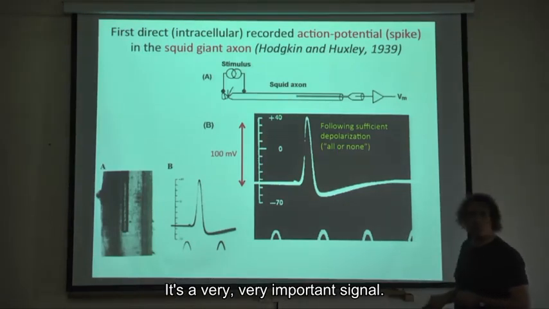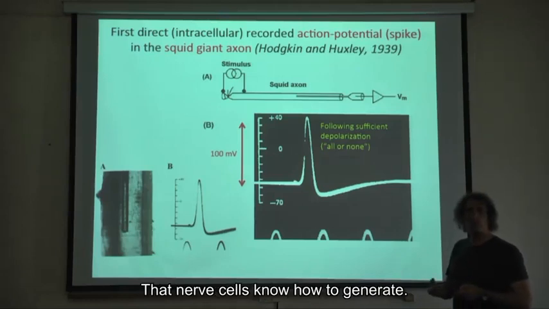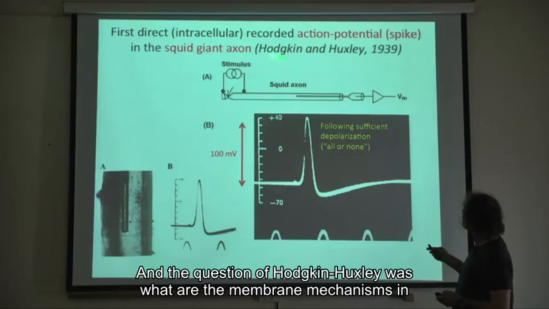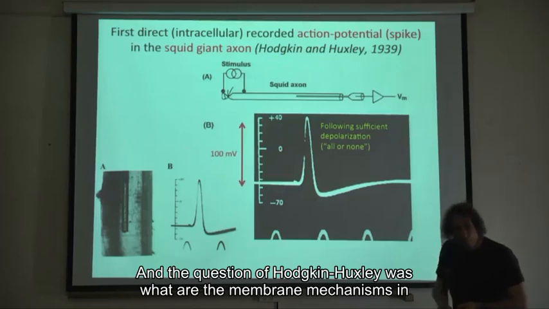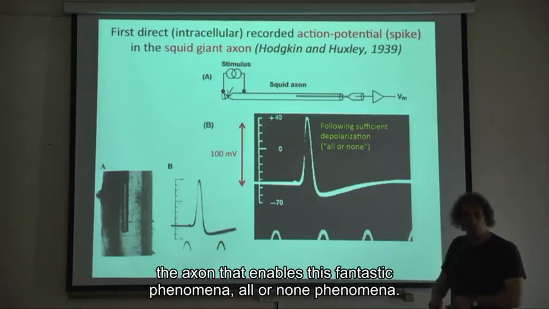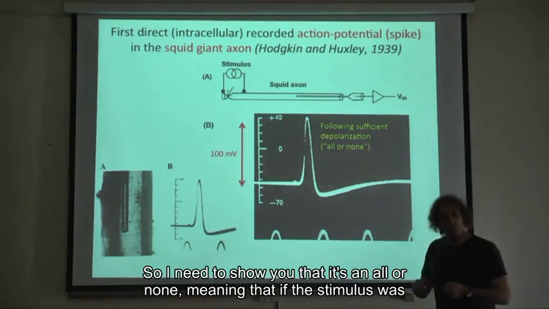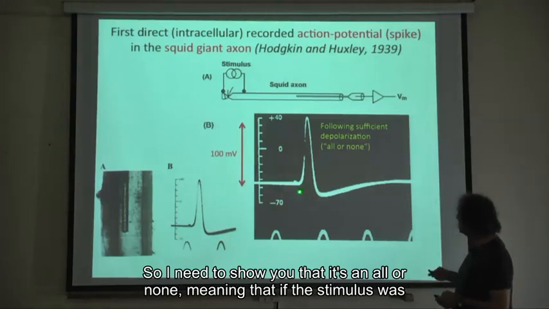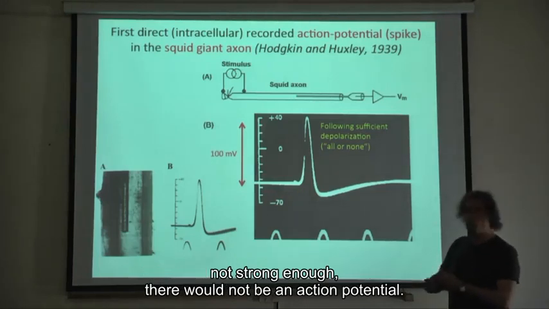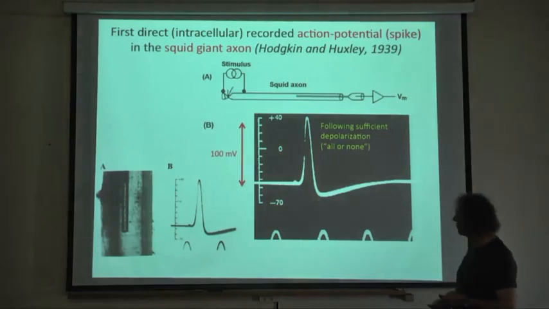It's a very, very, very important signal that nerve cells know how to generate. And the question of Hodgkin-Huxley was, what are the membrane mechanisms in the axon that enable this fantastic phenomenon, all or none phenomenon? So I need to show you that it's all or none, meaning that if the stimulus was not strong enough, there would not be an action potential.